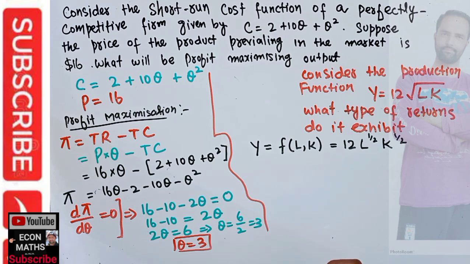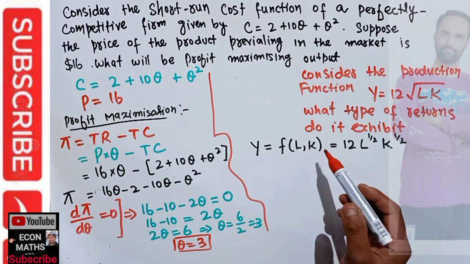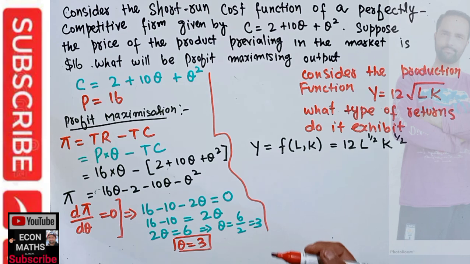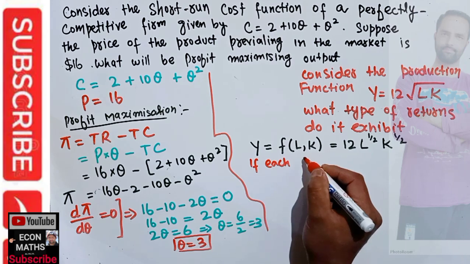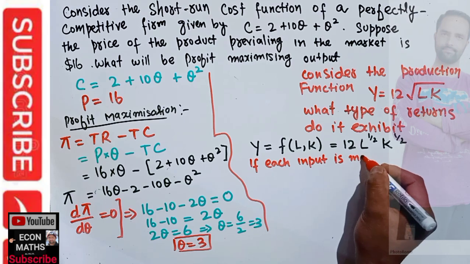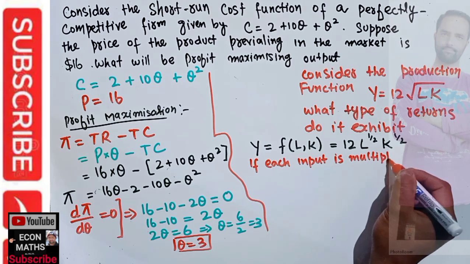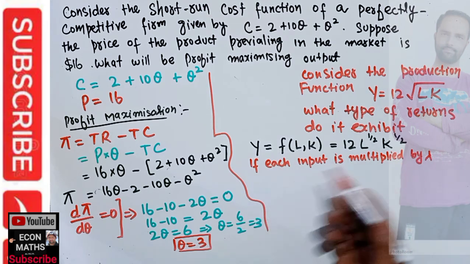Now to find whether this exhibits constant, increasing or decreasing returns, there are two methods. First I will go for the usual one. Let us see what happens when we multiply each input by a factor. Let us say each input is multiplied by lambda.